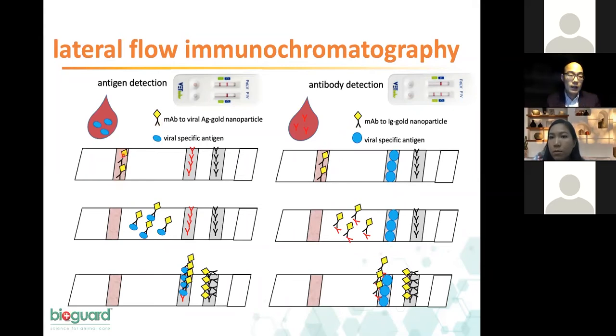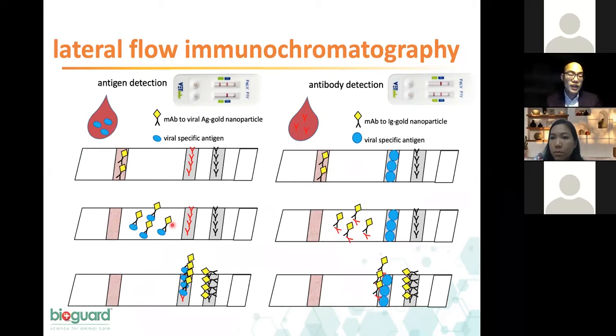Here at the reservoir, just after the pad that is soaked up by the blood sample, is the monoclonal antibody against the viral antigen, in this case against the Fblv P27 antigen, conjugated with gold nanoparticle. If the blood sample contains the P27 antigen of Fblv, it will specifically bind with the monoclonal antibodies conjugated with gold nanoparticle and migrate from left to right along the flow path.